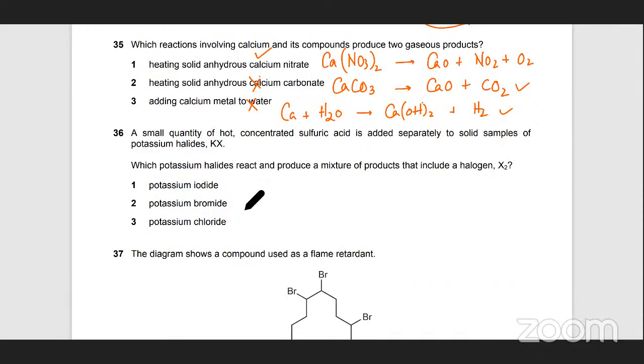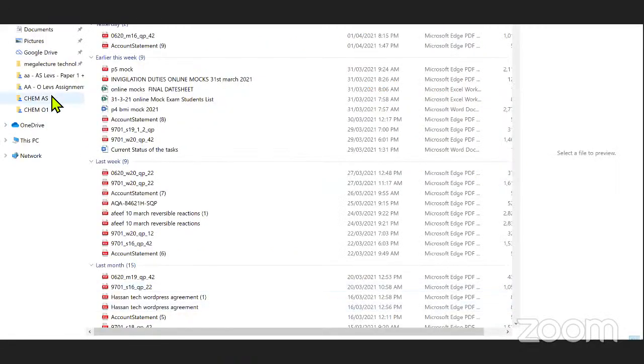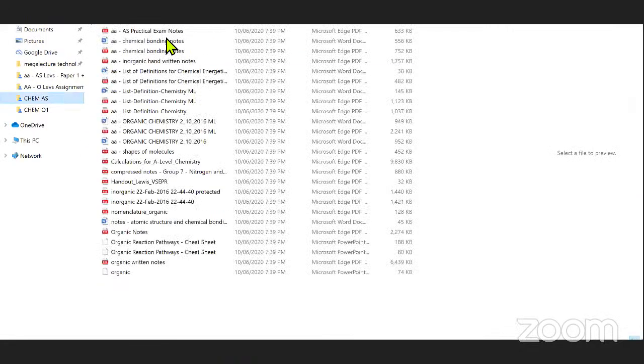Okay, the next one is: a small quantity of hot concentrated sulfuric acid is added separately to solid samples of potassium halides. Which potassium halide reacts and produces a mixture of products which include this one? So just a quick revision.